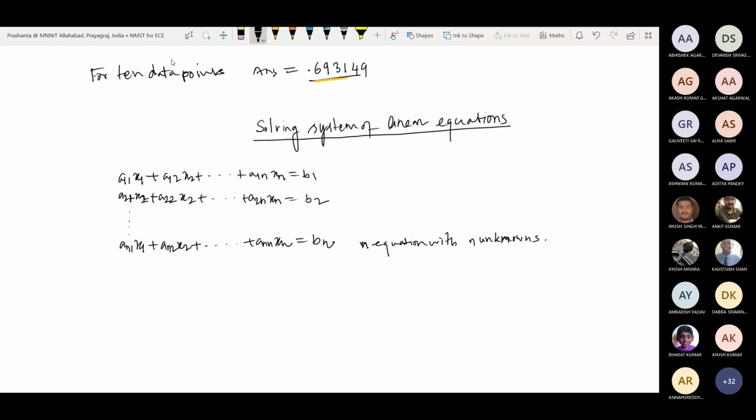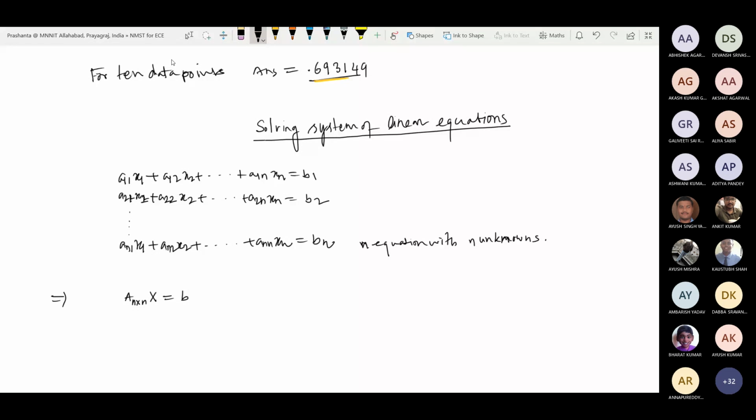So if you write down this system of equations in matrix form, it will be of the form AX equals B, where A is a matrix of order n cross n, X is a column vector, and B is another column vector. So this is the system of equations in matrix form.